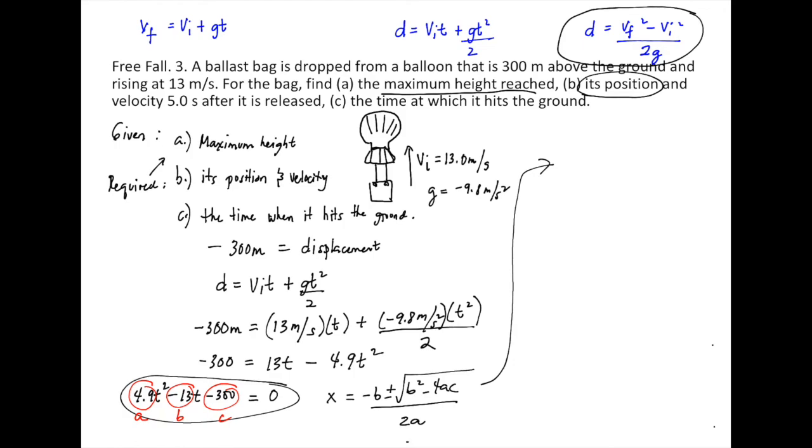And then therefore we could have now time is equal to negative b plus or minus square root of b squared, which is negative 13 square, minus 4 times the a, which is 4.9, times the c, which is negative 300, divided by 2 times 4.9.